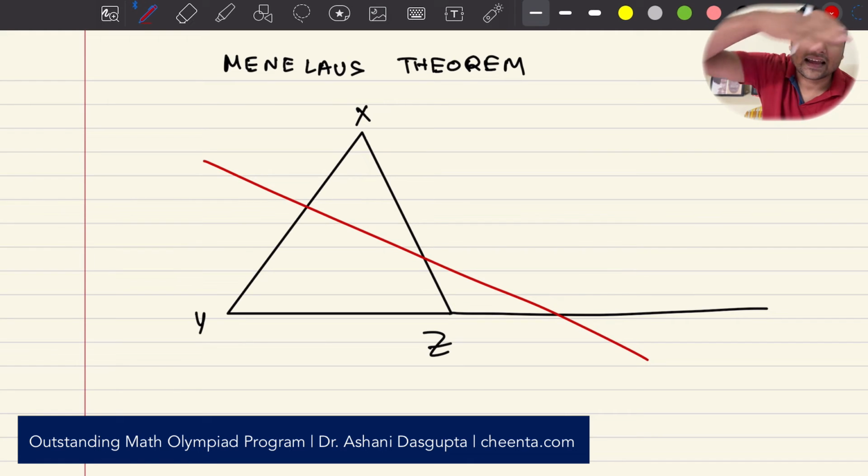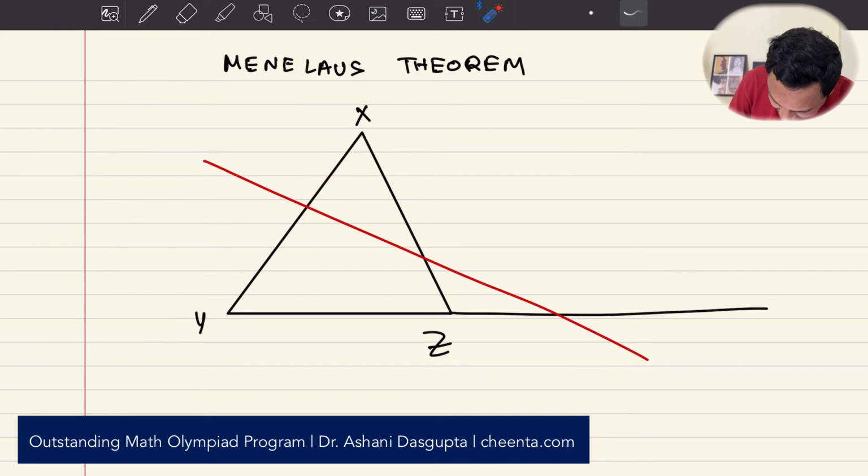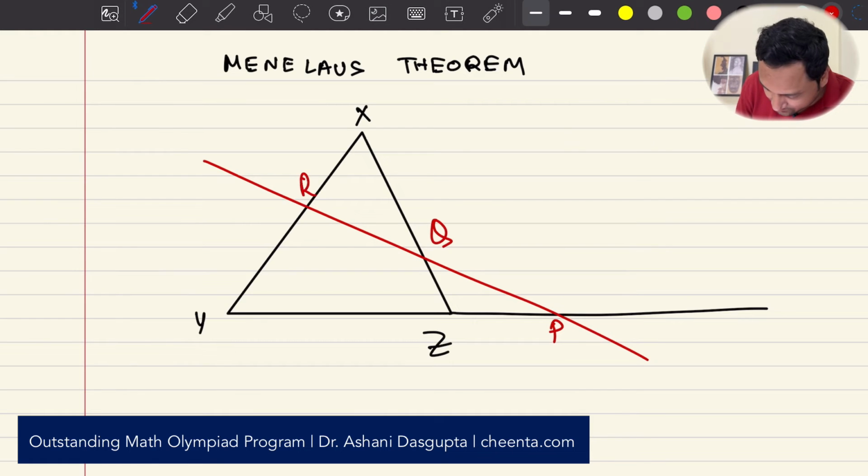A transversal is a line that cuts through the three sides of the triangle. So XY is one side, XZ is one side, and YZ, of course, it doesn't cut internally, it cuts externally. Let's suppose this is P, this is Q, this is R.